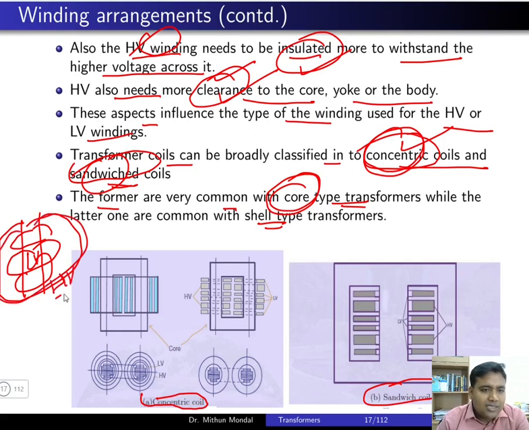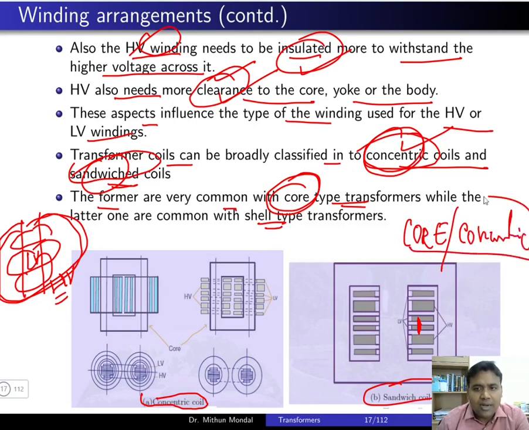This is known as concentric winding, whereas the sandwich winding is when the low voltage winding and high voltage winding are placed alternately on the same core. Generally our discussion will be for the core type transformer and concentric coils, where we will focus on the principle of operation.